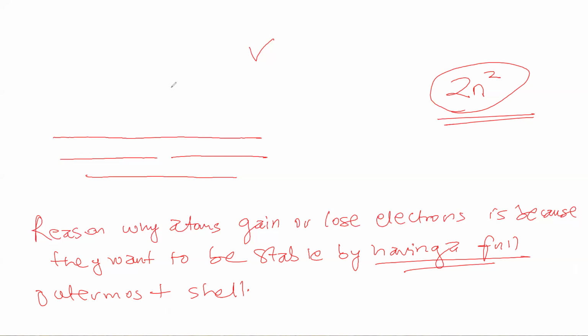Yes. Beautiful. So for instance, let's say we have shell number one. For those of you who do not remember, this formula simply tells us the number of electrons that a shell can accommodate. So if we have shell number one, the number of electrons that can stay will be 2 multiplied by 1 squared, because n stands for the number of the shell, and in this case that's 1.